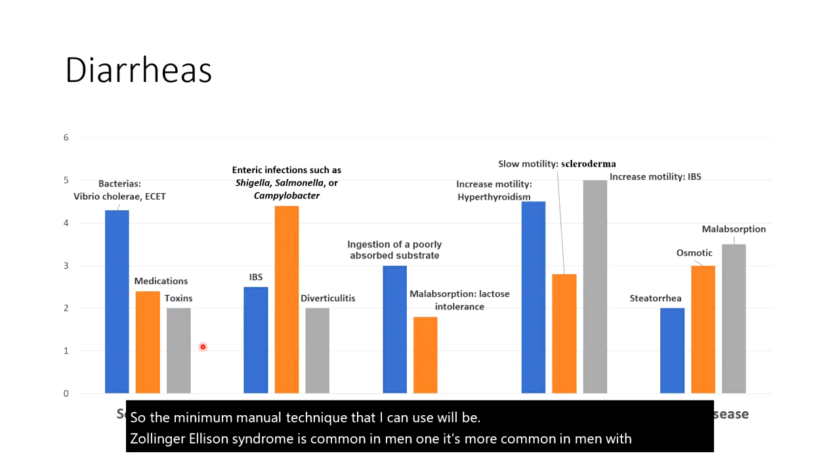This is a chart that I did to talk a little bit about diarrheas. The first 3 columns are indicating secretory diarrhea. Let me use my pen, because we're not seeing it. These are secretory diarrhea.